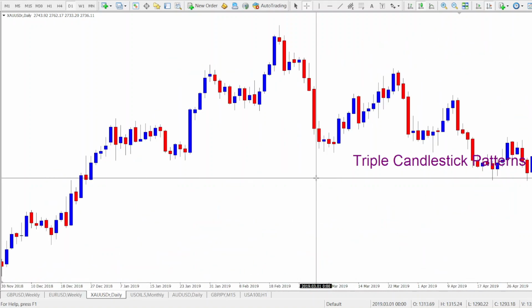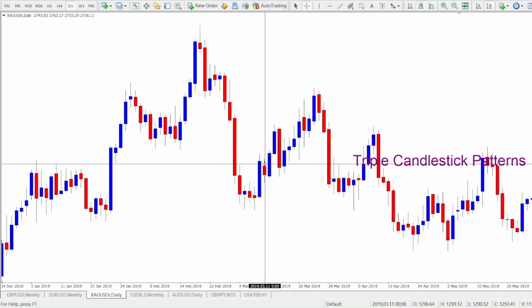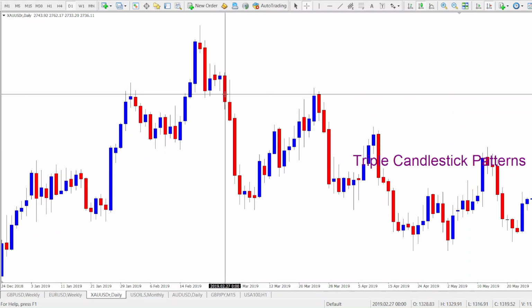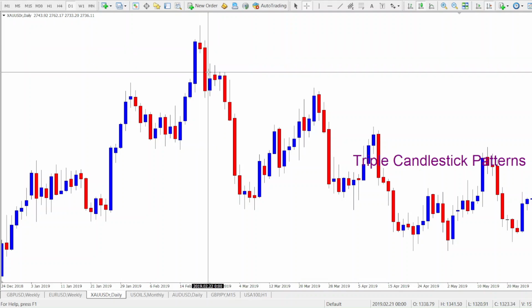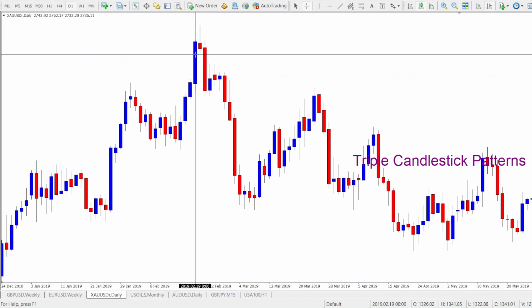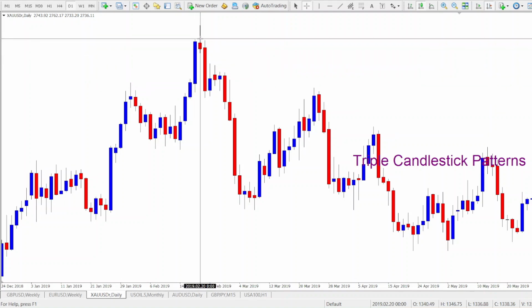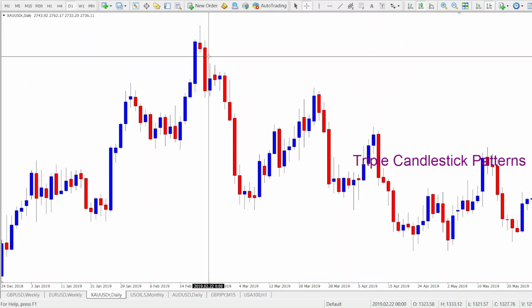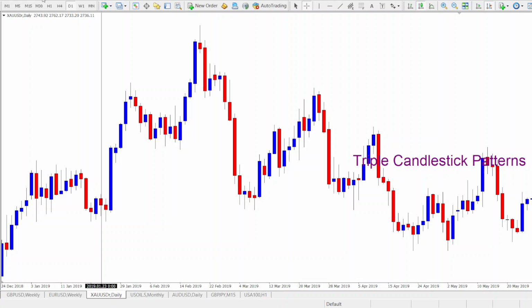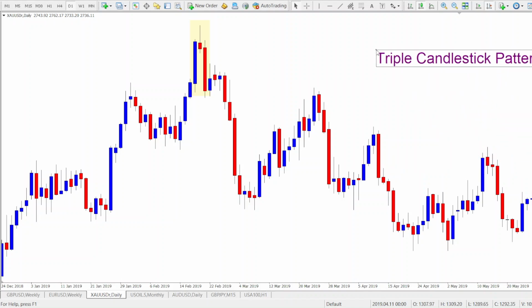Right. Let's just keep searching. All right, perfect. I think we have an evening star here. So we can see that this was a large bullish candle, and then we had a small candle, and then we had a large bearish candle. So that gives us an evening star. An evening star represents a bearish reversal.